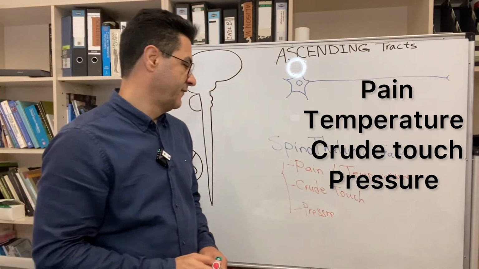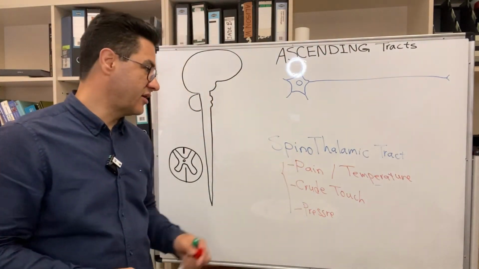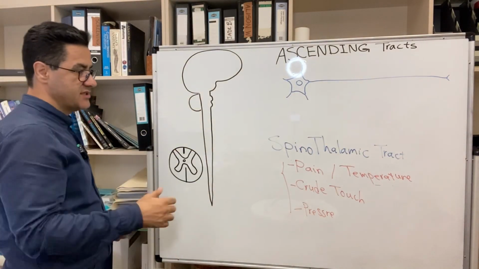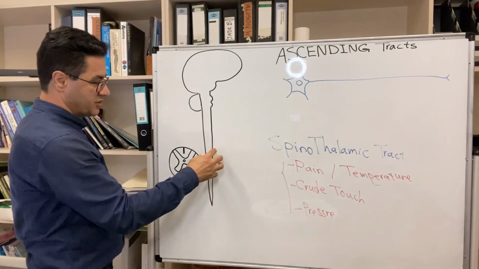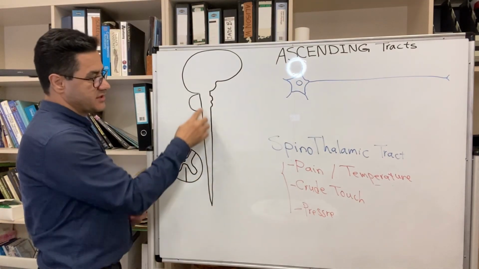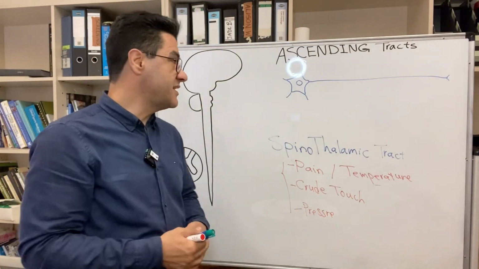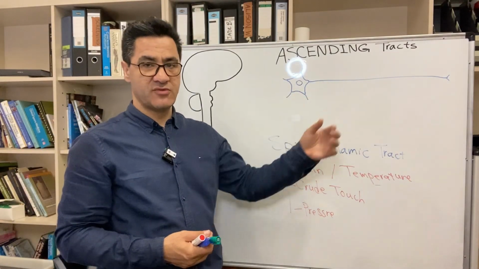This information is carried by the spinothalamic tract from the skin and from the muscles and getting into the spinal cord. So the first question is, where is the cell body of the first order neuron?